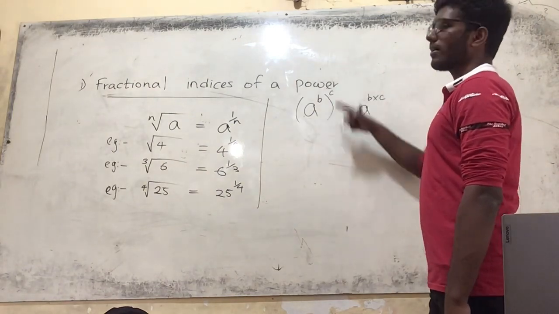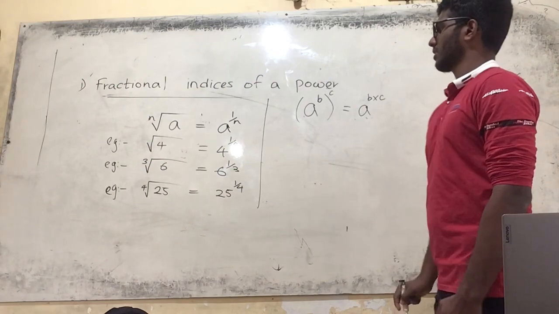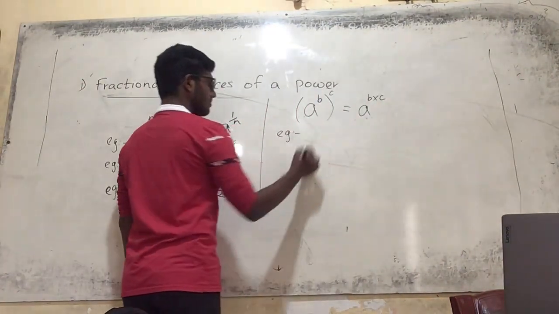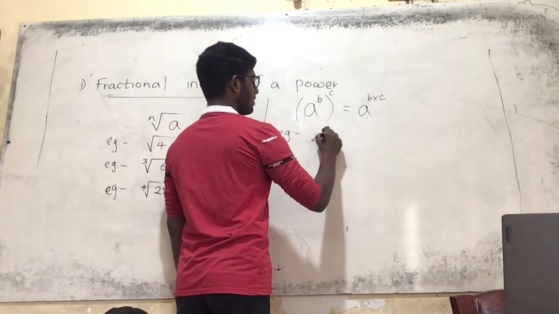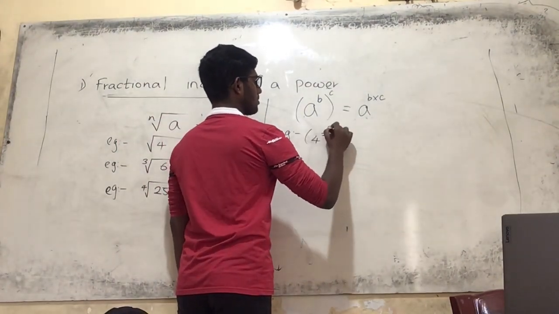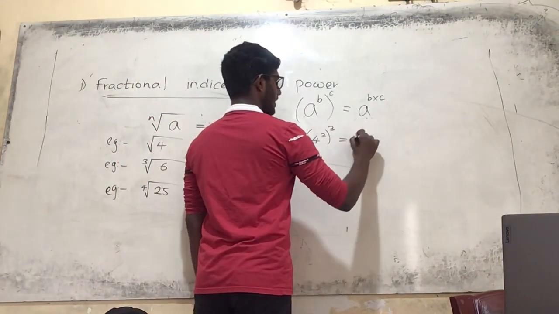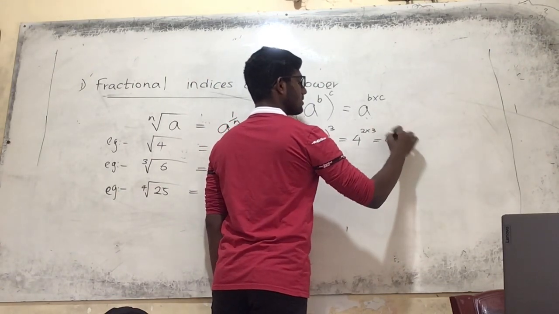Power of a power becomes the product of the two powers. I will give an example. Say we have 4 to the power 2 to the power 3. You can take it as 4 to the power 2 times 3.